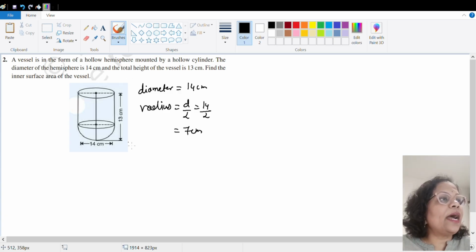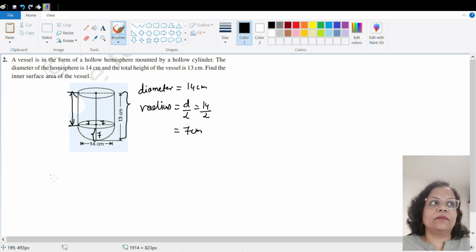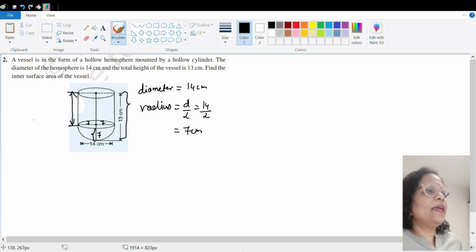The total height of the vessel is 13. So now you can see this radius is 7, this radius is 7, this radius is also 7. So what will be the height of the cylinder? That will be this entire 13 minus this 7.